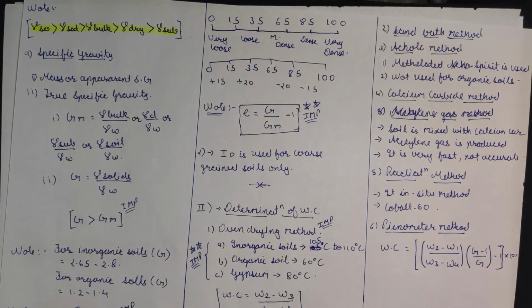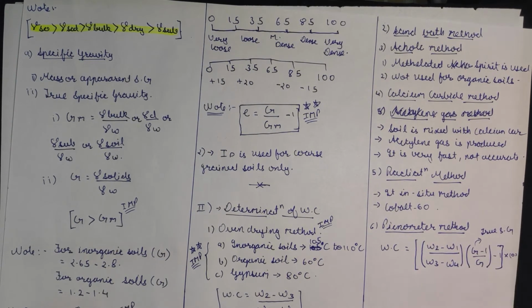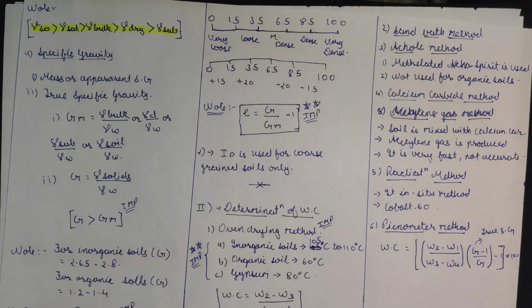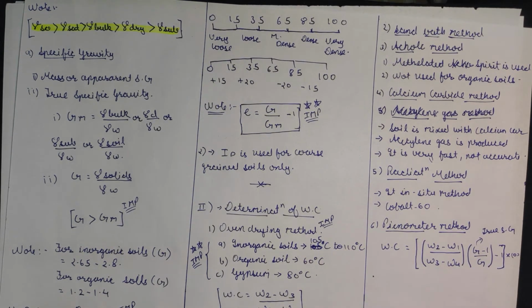Here G is the true specific gravity, and the terms W1, W2, W3 and W4 represent: W1 is the empty weight of the container, W2 is the weight of the pycnometer plus weight of solids, W3 is the weight of solids plus weight of container plus weight of water, and W4 is the weight of container plus weight of water.